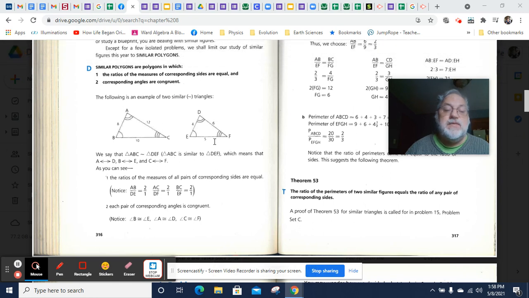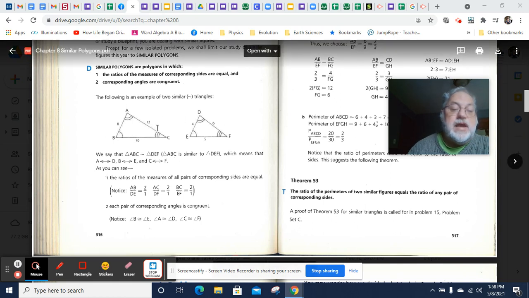So 4 plus 6 plus 5 is 15. And here, 8 plus 12 plus 10 is 30. So 15 is to 30, and 6 is to 12, 5 is to 10. So those are all halvesies. So this triangle, all the sides are half the side lengths of this, and its perimeter is half the perimeter of this as well.